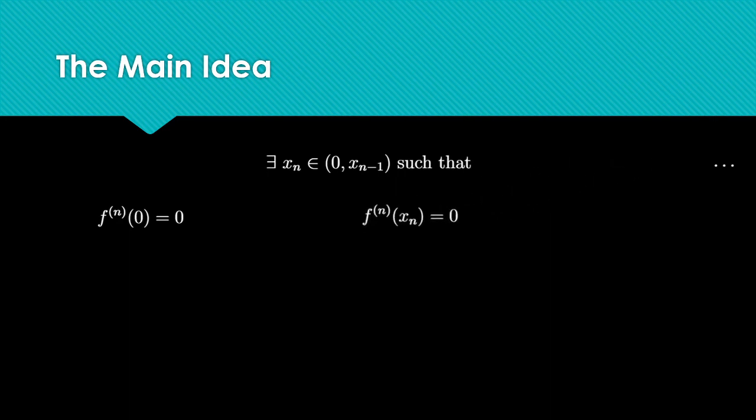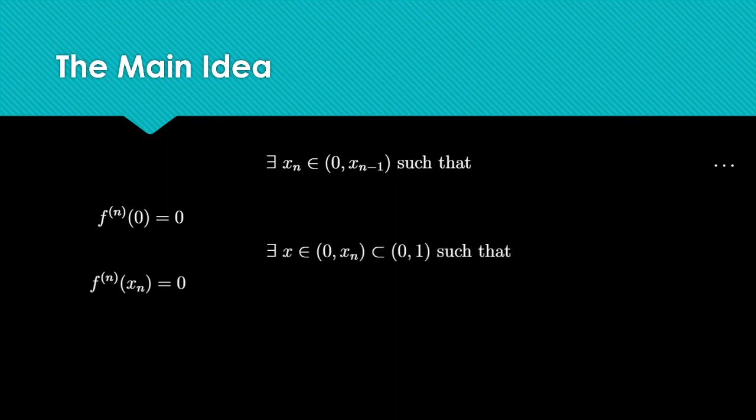Using this condition and the derived condition, we get that there exists an x between 0 and xn, which is a subset of (0,1), because we are required to prove it for between 0 and 1, such that the (n+1)th derivative of f at x is equal to 0. So it's proved, but we don't stop so easily.